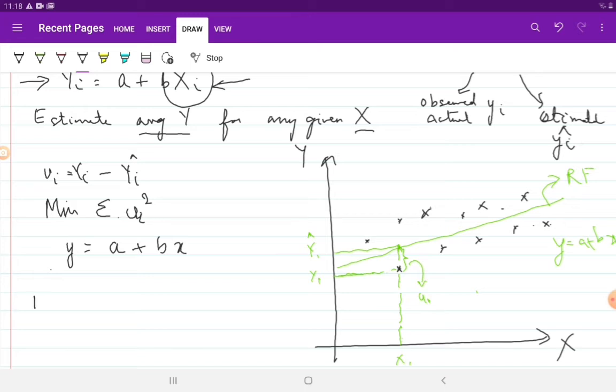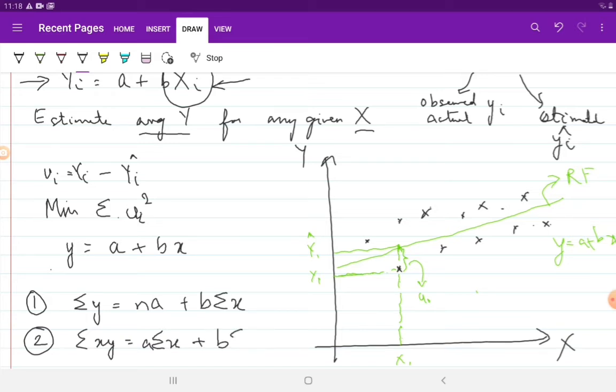Normal equation 1 will be summation y is equal to n times a plus b times summation x, and your second normal equation is summation xy is equal to a times summation x plus b times summation x square.